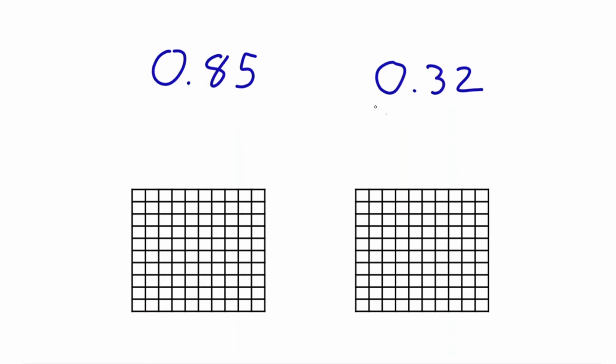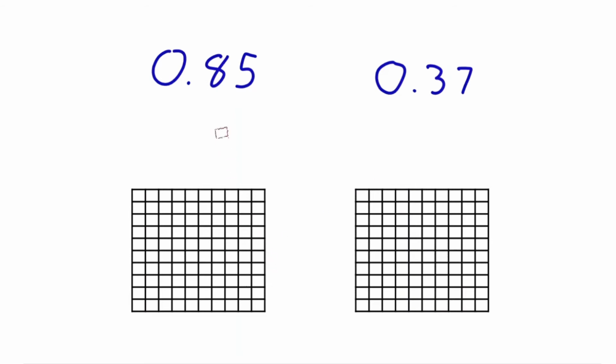Now, it might be a little bit confusing as to which one is larger. As a matter of fact, let's make this 37 hundredths. We can't look at the last number to compare these two. We have to look at the tenths.